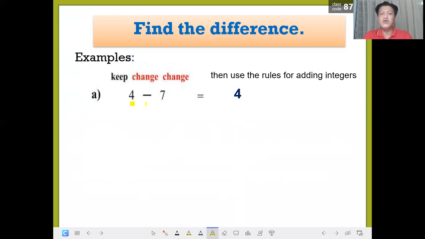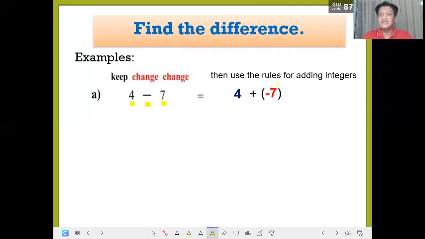Ano yung change natin? Yung operation. Kung ito ay subtraction or minus, magiging plus na siya. And then change. Ano nga ang tawag dito sa 7? We call this the subtrahend. I-change natin yung kanyang sign. If this is positive, pag change natin, become negative. So therefore, proceed na tayo sa addition rule natin.